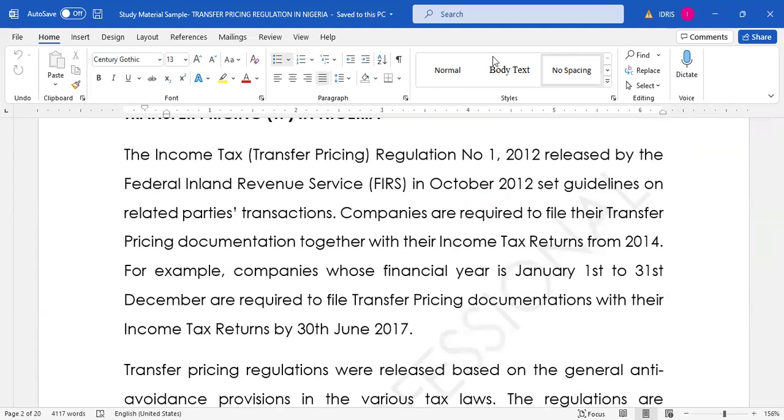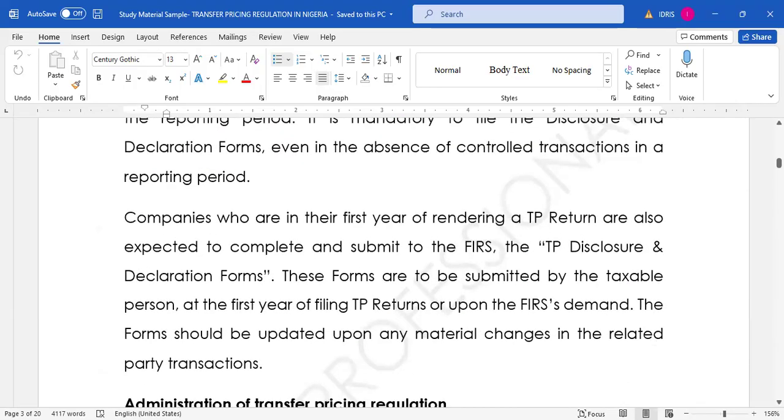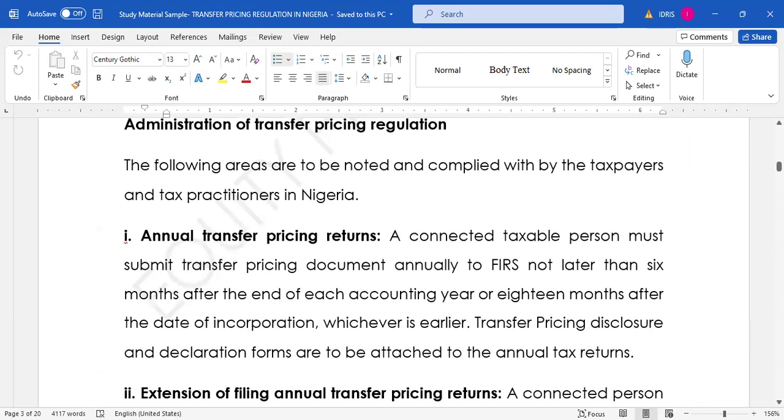Now, let's look. Transfer pricing regulation in Nigeria started in 2012. Administration of transfer pricing regulation: under this, we need first of all to know the annual transfer pricing return.